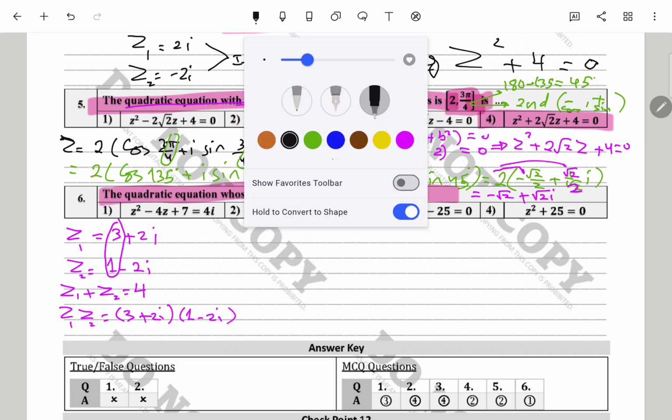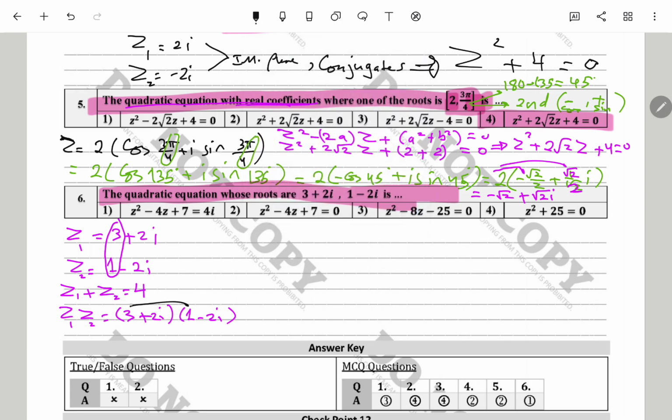Let's multiply algebraically: the first with the first, the first with the second, the second with the first, the second with the second. 3 times 1 will give you 3. 3 times negative 2i will give you negative 6i. Then 2i times 1 is plus 2i, then 2i times negative 2i is negative 4i squared, and that will make it positive 4.